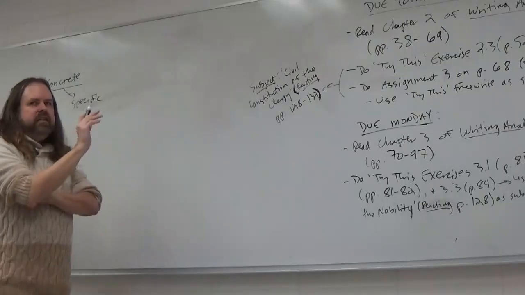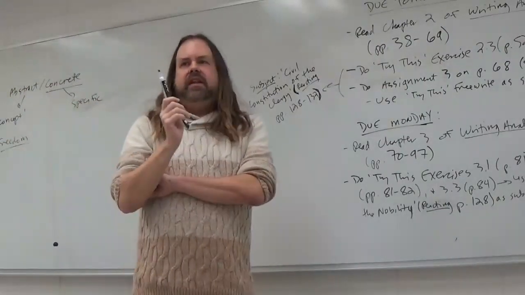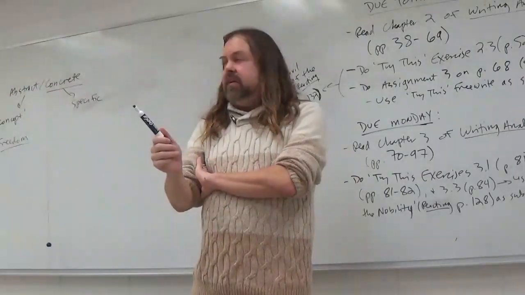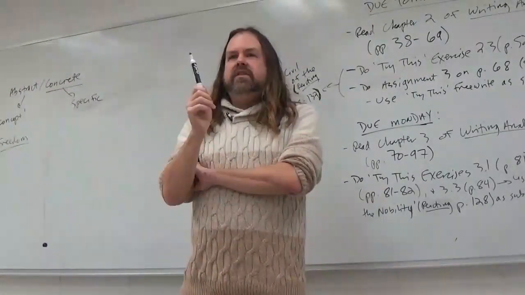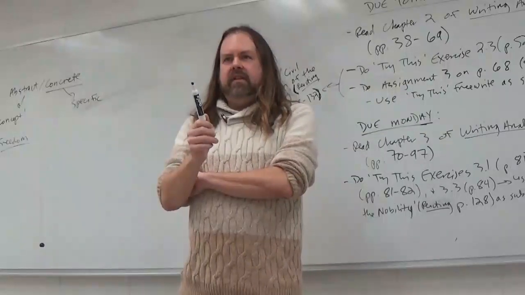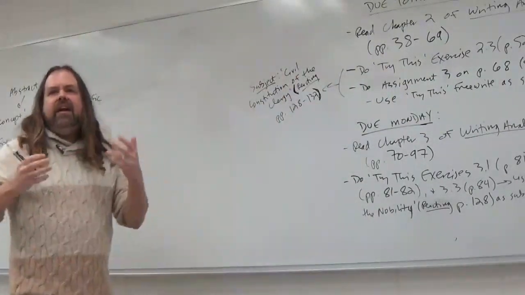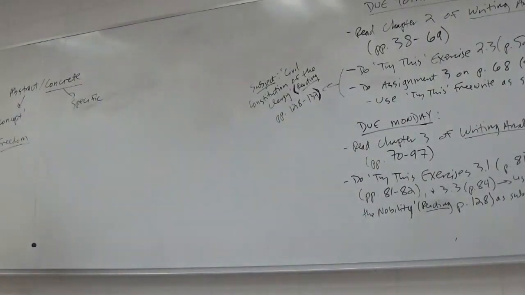But if the key definition of an abstract word is that it's something you can't imagine with your senses, then what must a concrete word be if that's the opposite? Something you can see. Yeah, something you can use your senses to imagine, right?